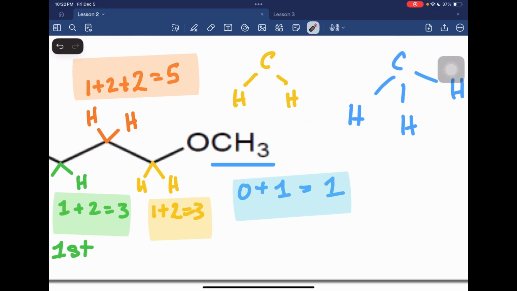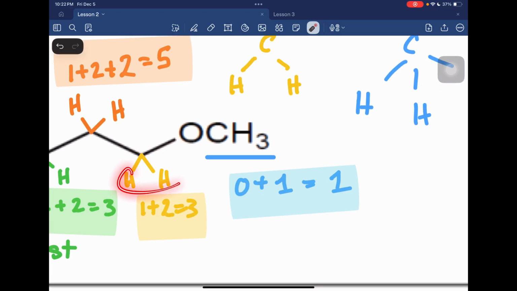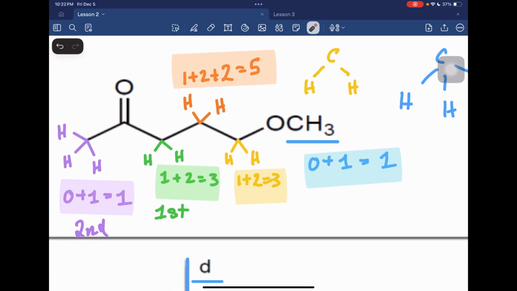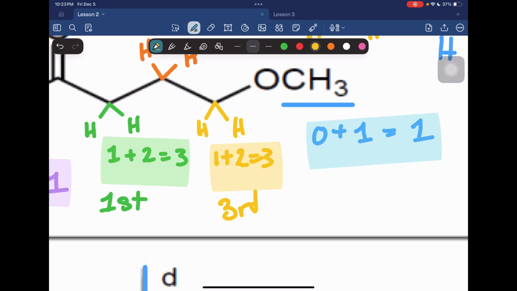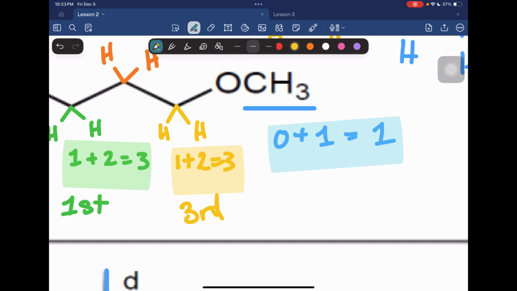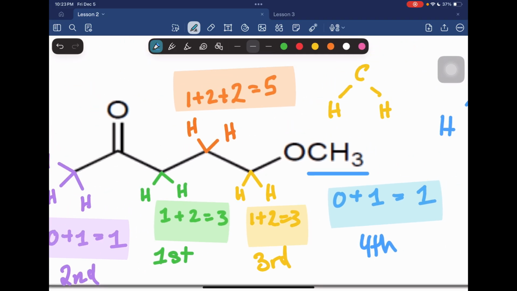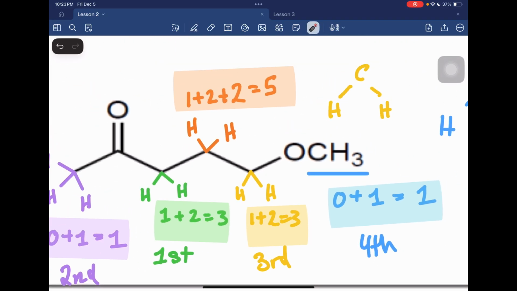So that's why, because this CH2 is getting so much more electron density drawn towards itself, it's going to be the most deshielded. So this is first in line, this is second, this one is going to be third at the highest deshielded factor, right? And that means that this is going to be fourth, and this one is equal distances away from both, right?